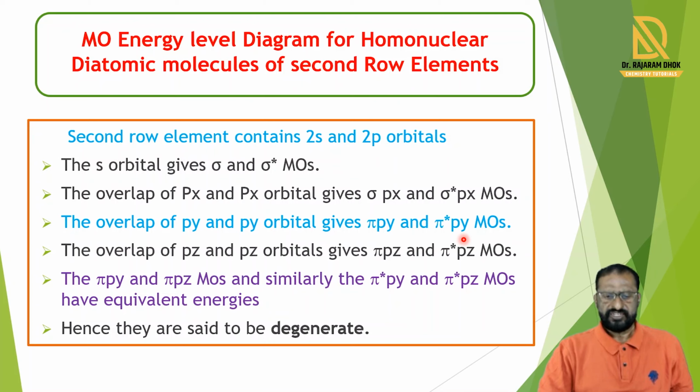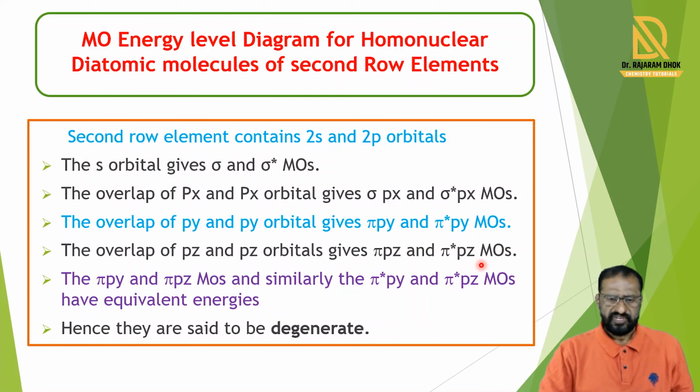So two py atomic orbitals form two pi molecular orbitals, one bonding and the other anti-bonding. In case of the pz orbital, the first atom's pz orbital and the second atom's pz orbital overlap with each other, and when their wave functions are the same, there is formation of the pi pz molecular orbital, and when the wave functions are different, pi star pz molecular orbitals are formed.